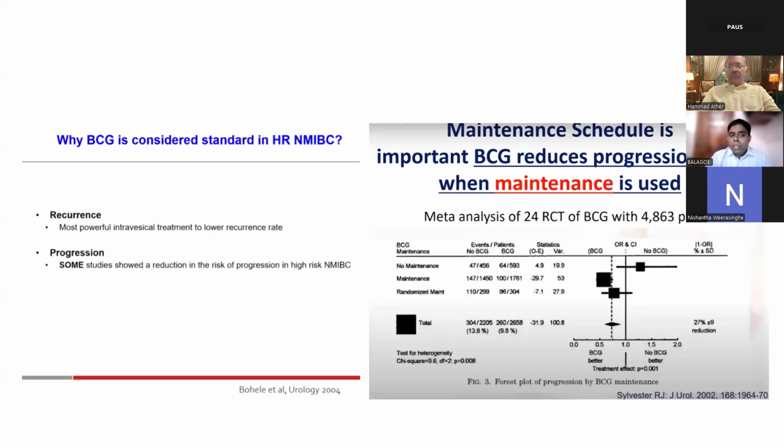So BCG prevents recurrence, and some studies show it reduces the progression in high-risk non-muscle invasive bladder cancer. If you are not giving the maintenance dose of BCG for 3 years, we are not going to reduce the progression.